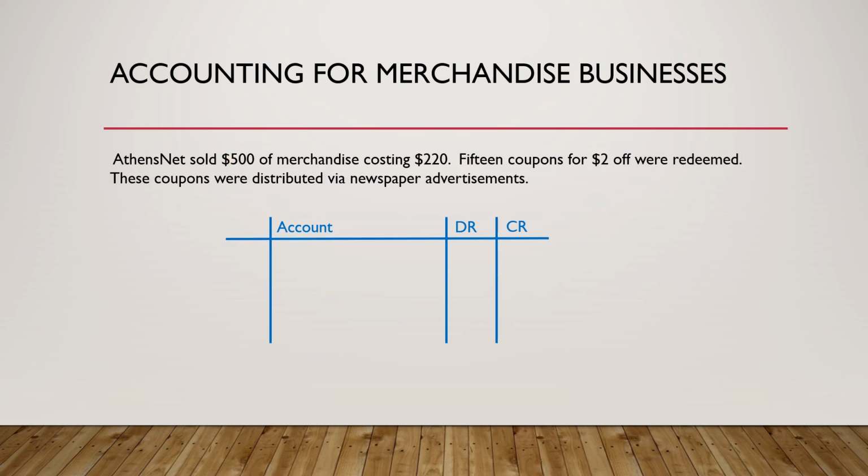One more sales transaction with coupons. AthensNet sold $500 of merchandise costing $220. 15 coupons for $2 off were redeemed. These coupons were distributed via newspaper advertisements. How would this entry be recorded? Debit and credit the same accounts as used in our standard sales journal entry. Remember that coupon redemptions will not impact the merchandise expensed off the books.